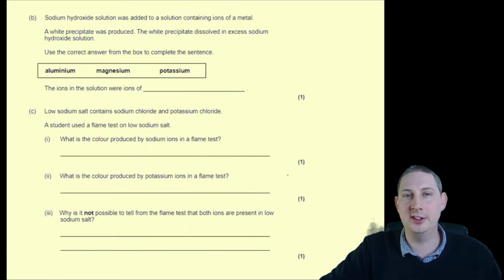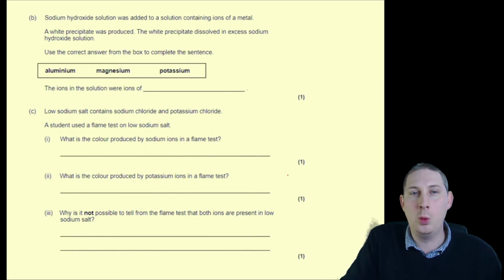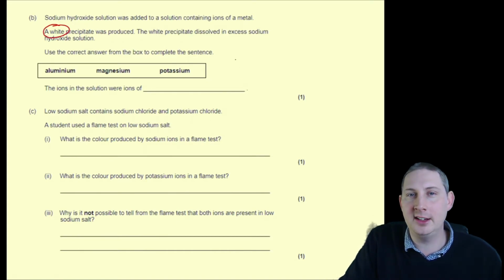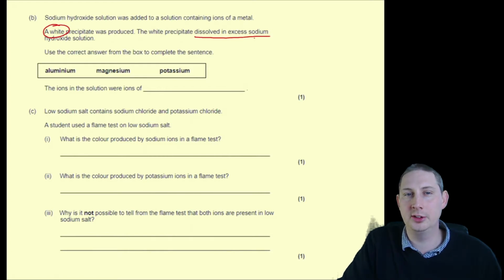Sodium hydroxide solution was added to a solution containing ions of a metal. A white precipitate was produced. The white precipitate dissolved in excess sodium hydroxide solution. The ions in the solution were what?